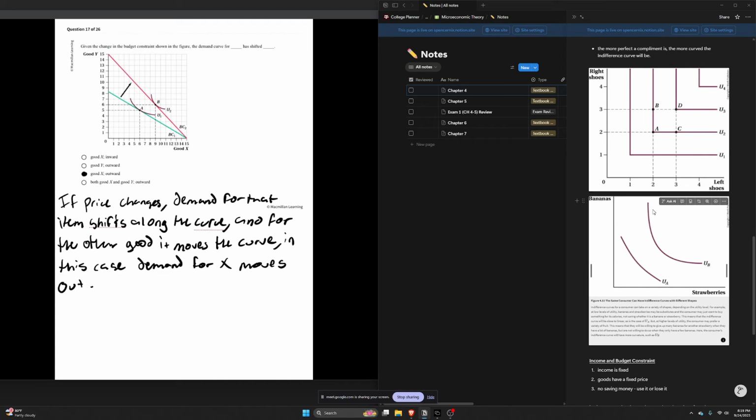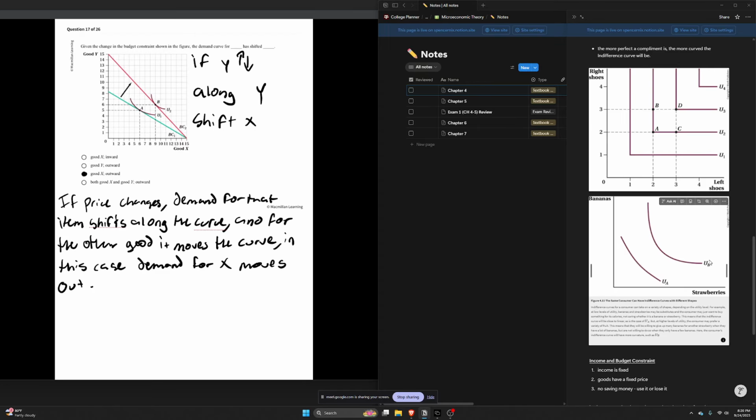So if Y goes up or down, then it moves along Y and shifts X. The demand curve moves along the Y and it shifts the entire X curve.